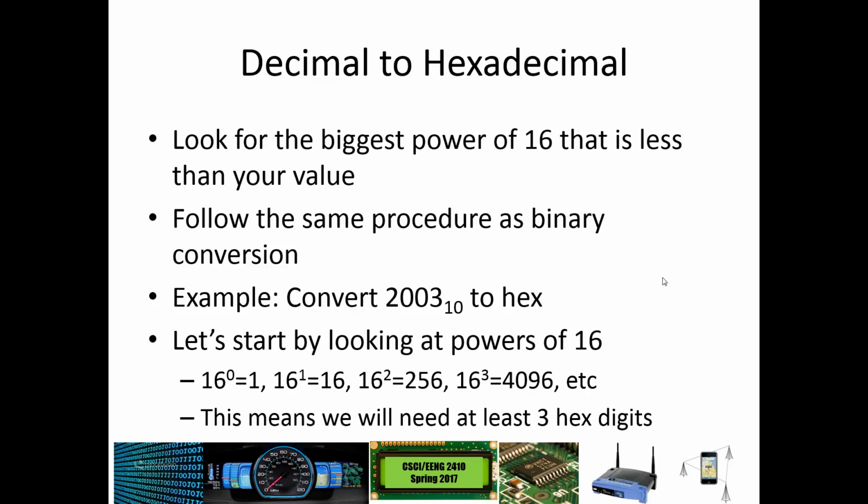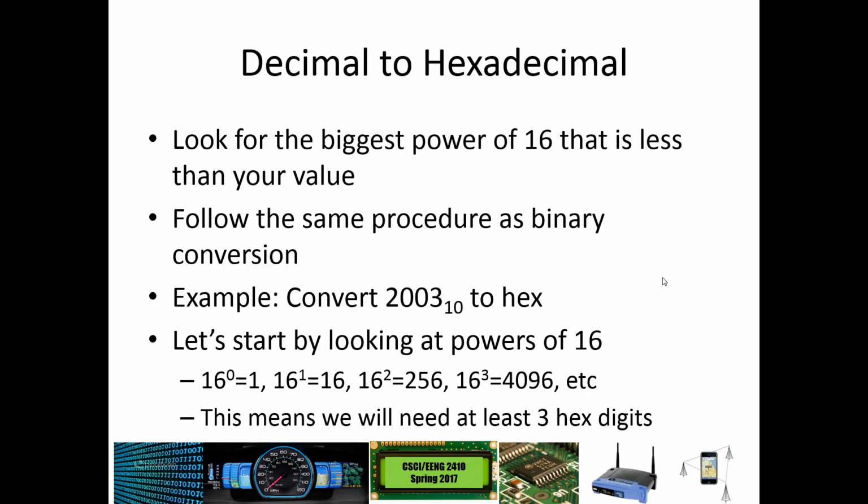So for example, if you wanted to convert 2003 base 10 to hexadecimal, or hex, then you would start by looking at your powers of 16. Well, you've got 1, 16, 256, 4096. Well, 2003 is less than 4096, so we know we're not going to need a 16 to the 3's place.